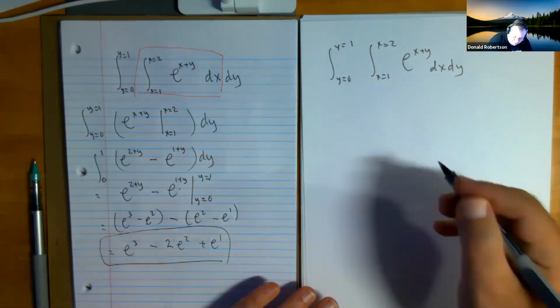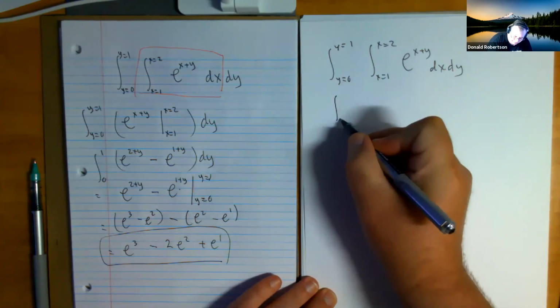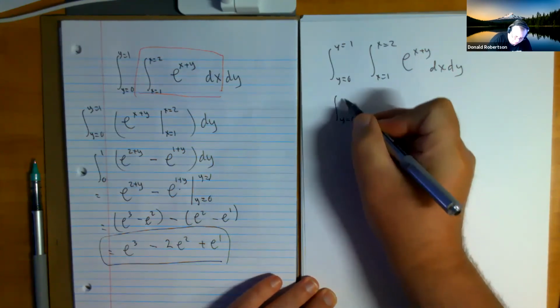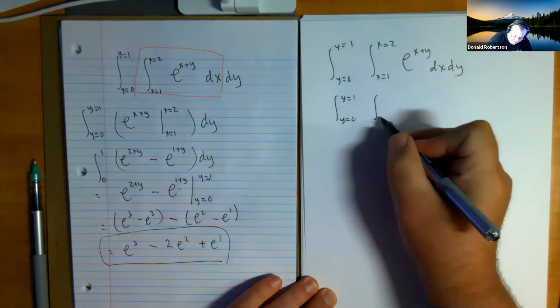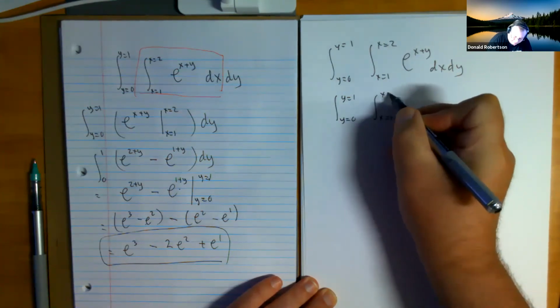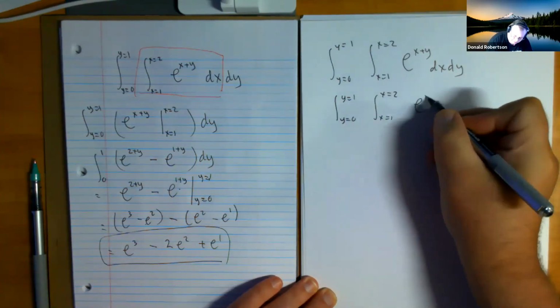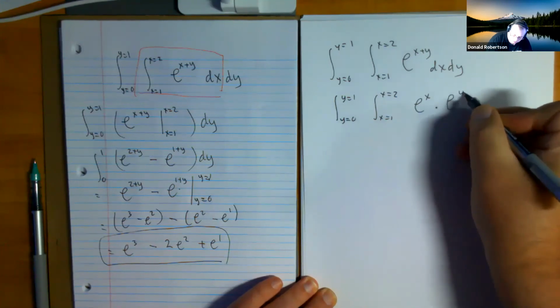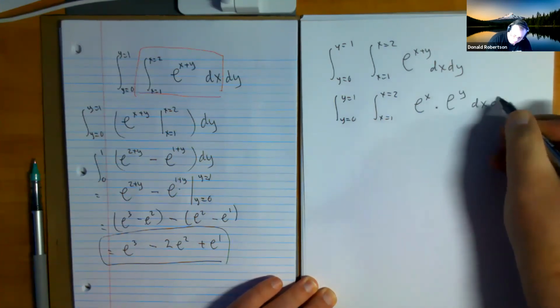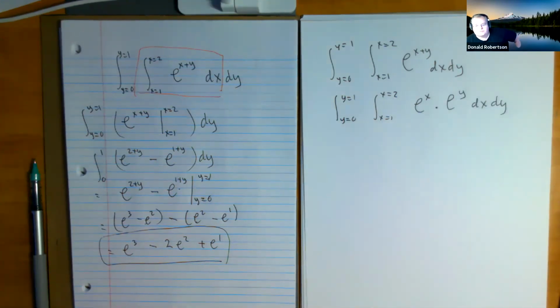Okay, here goes. I said there was 2 ways to do this. And I'm not saying this is a better way. In fact, it might be actually a little bit more work. But isn't e to the power of x plus y e to the x times e to the y?